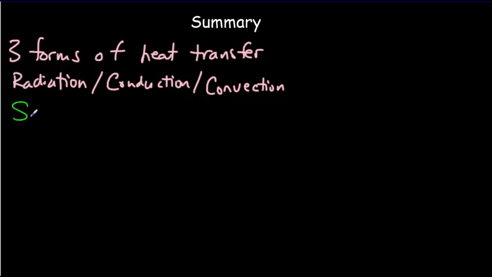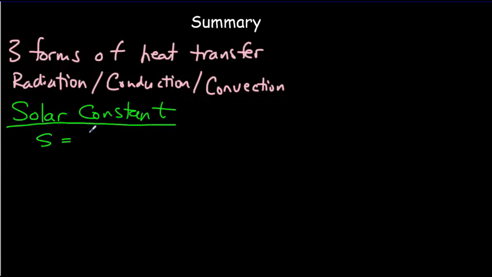We then talked about the solar constant, and we said that S was equal to about 1370 watts per meter squared, but that an average intensity would only be about 170 watts per meter squared, due to day and night and cloud cover, etc.